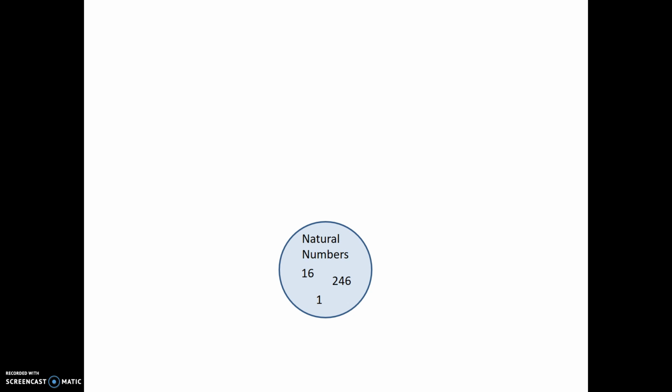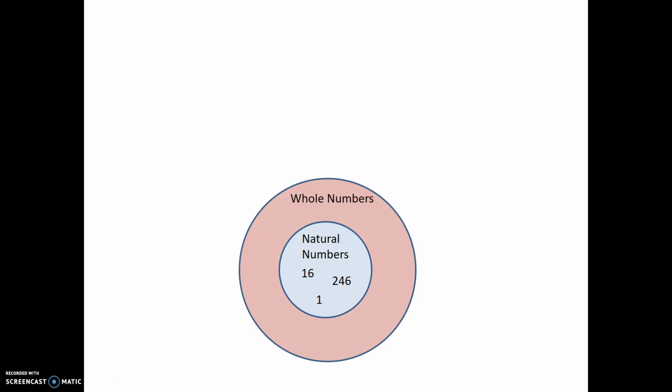Now, we're going to move on to the next level of numbers. And to do this, you're going to want to make a larger circle around the natural number circle and call it the whole numbers. And you'll notice that the entire natural number circle is inside the whole number circle. That's because every single natural number also has another name called whole numbers.